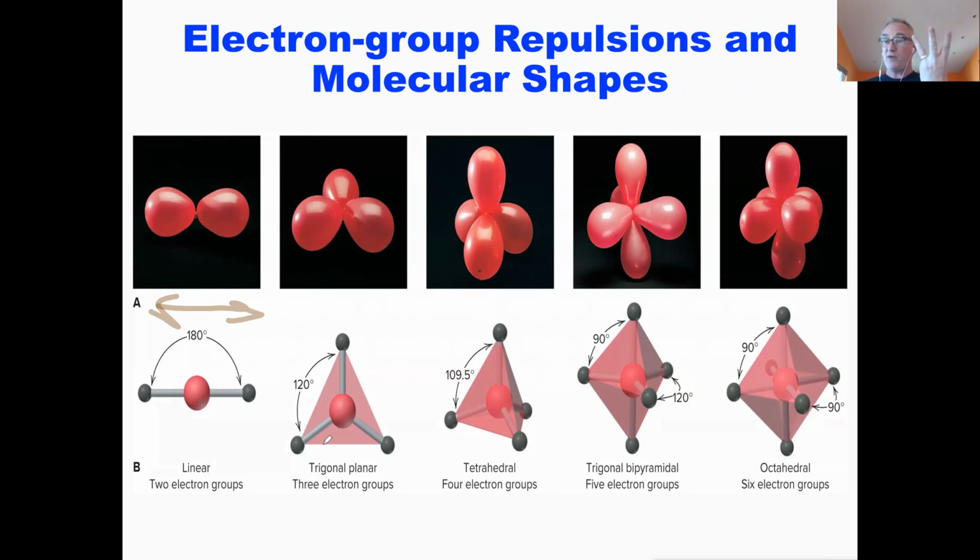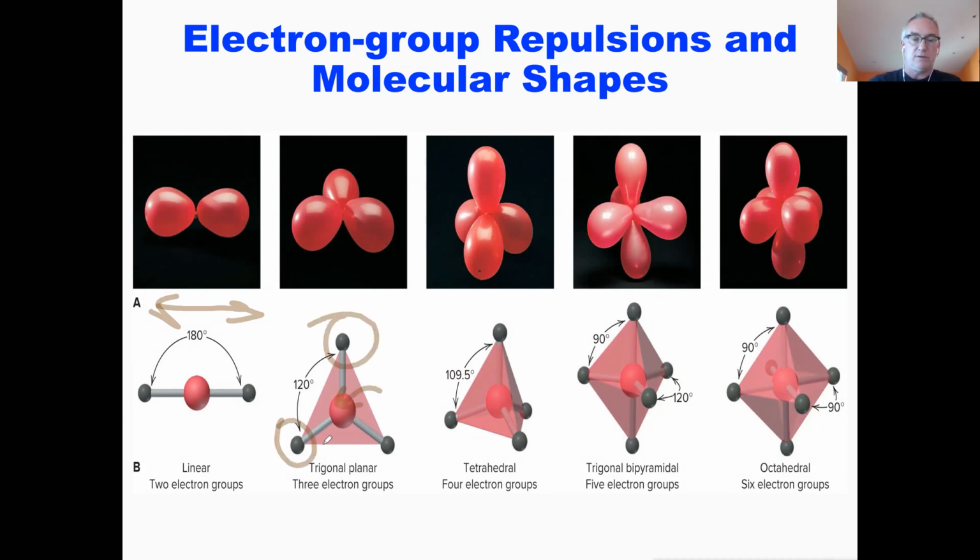What if you have 3 groups of electrons around the central atom? So here's my central atom in the middle, and it's got 1, 2, 3 groups of electrons around it. Now remember, it could be lone pairs, atoms with a single bond, atoms with a double, atoms with a triple. They all mean a group of electrons in space. What shape will it take to get those things as far apart from each other as possible?